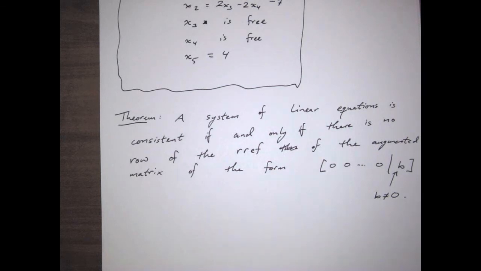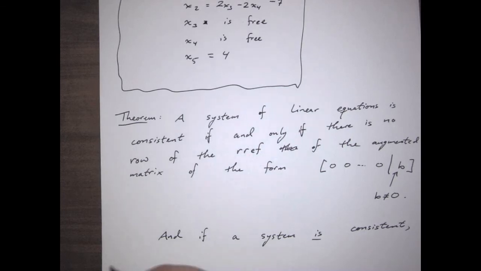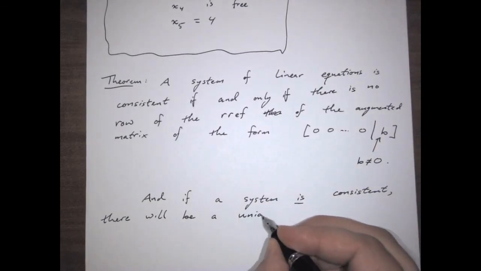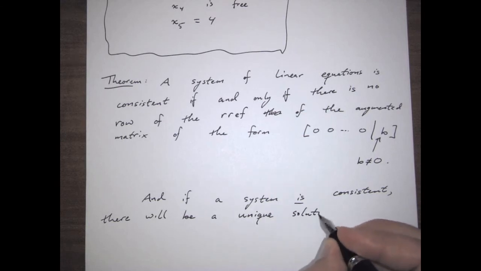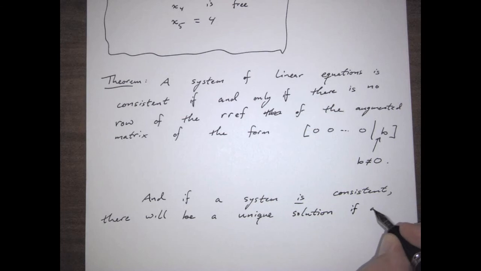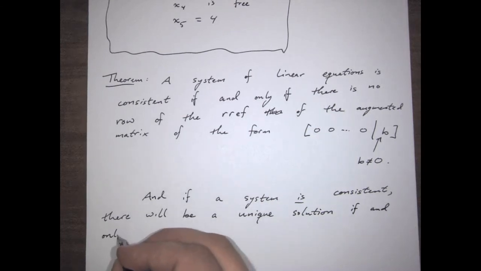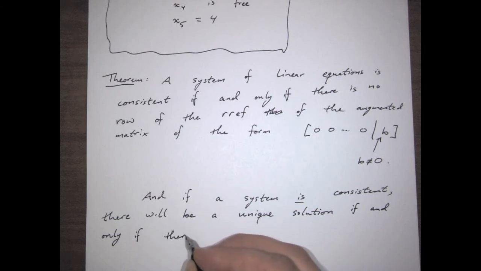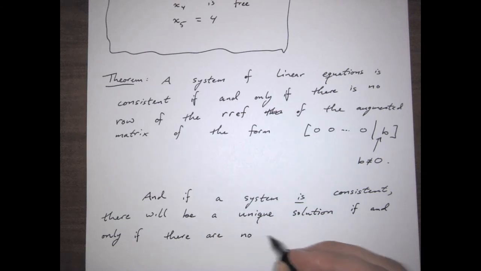Furthermore, if a system is consistent, there will be a unique solution if and only if there are no free variables.